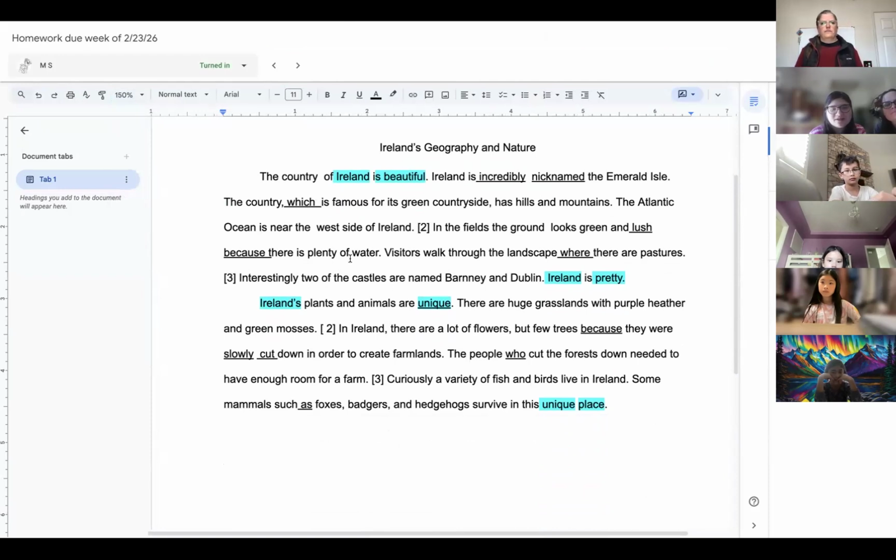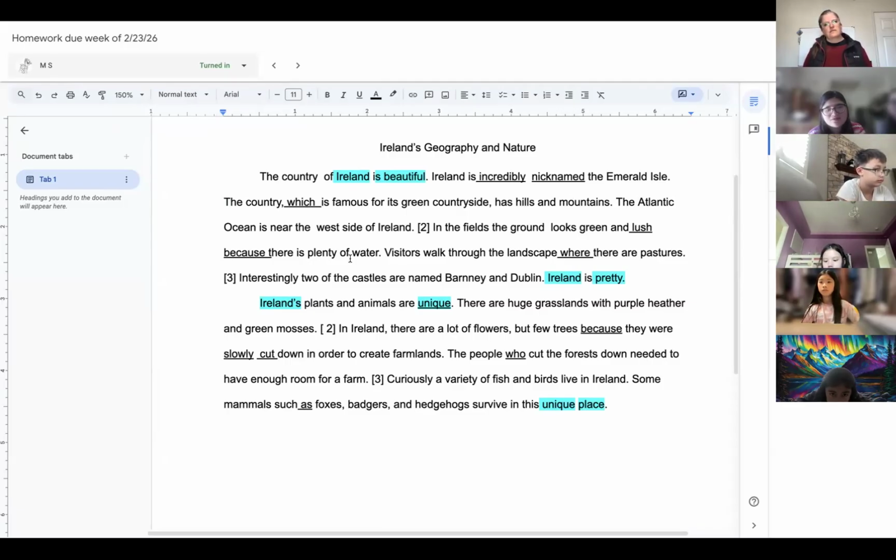Yeah, okay. Ireland's geography and nature. The country of Ireland is beautiful. Ireland is nicknamed the Emerald Isle. The country, which is famous for its green countryside, has hills and mountains.